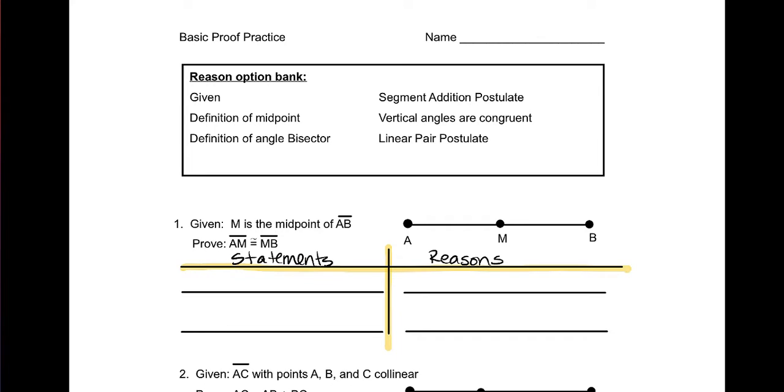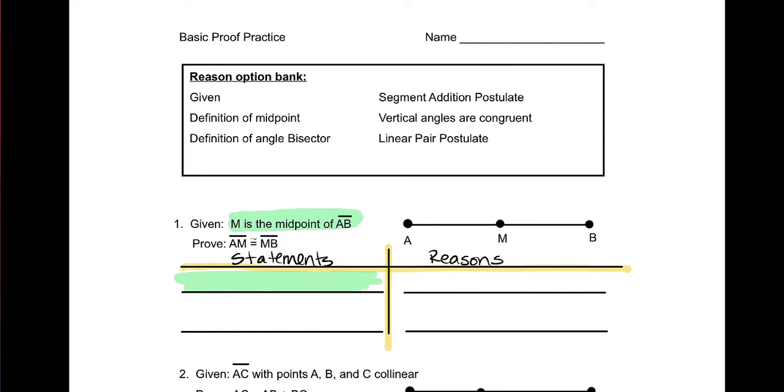Because we have that information, we are going to have 3 spots of our proof that we are able to fill in just from what they're providing us. I like to call these the freebies. The thing that you're told in the given will generally be the first statement of the proof.